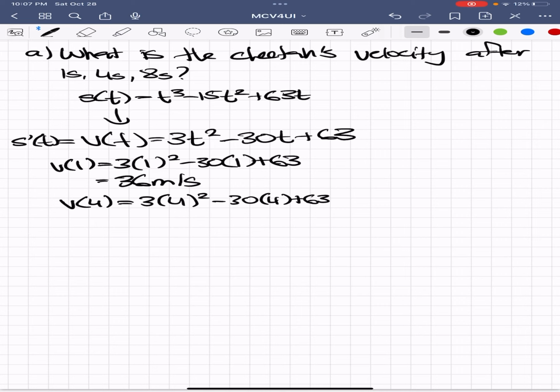So we jam these numbers into our calculator there. What you can do is, instead of inputting it again, you can go up into your calculator and you can change the 1 into a 4. It takes less time. And then we do v of 8.